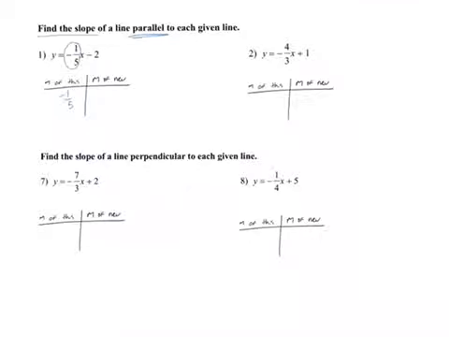So I'm looking for the slope of a line parallel. That means it's going to be the same. So the slope of a new line, or the one parallel to it, is going to be negative 1/5. Same idea over here. Slope of this one is negative 4/3. Therefore, the slope of a new line, if I want it to be parallel, is going to be negative 4/3.